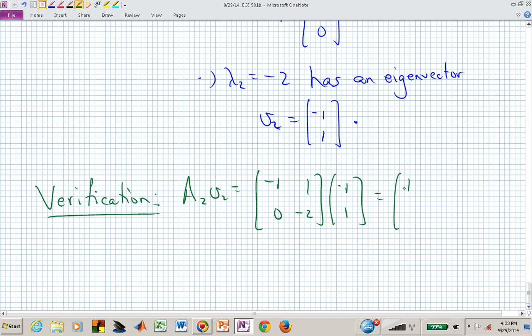Our result then is 1 plus 1 up in the first coordinate. It's 0 minus 2 in the second coordinate. We now have 2, minus 2, which if we factor a minus 2 out of that, we end up with minus 1, 1, which is the direction.